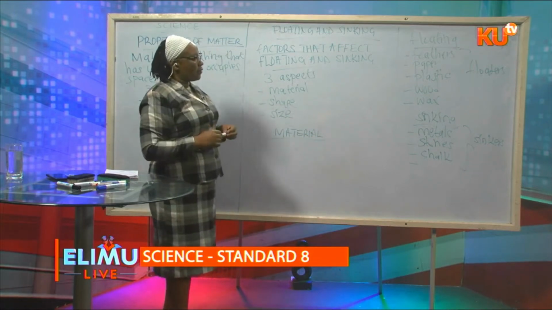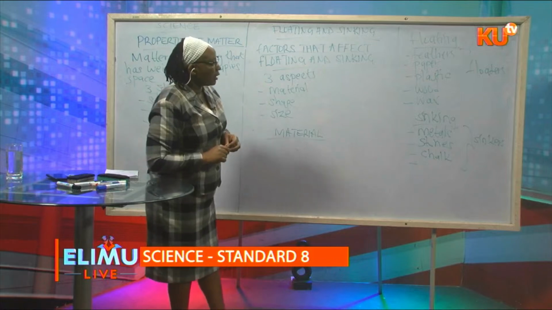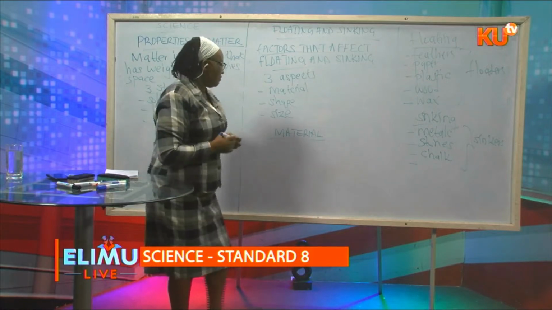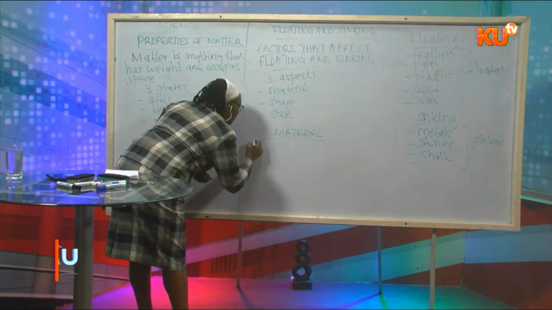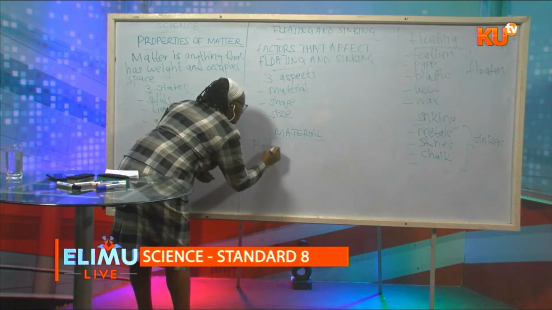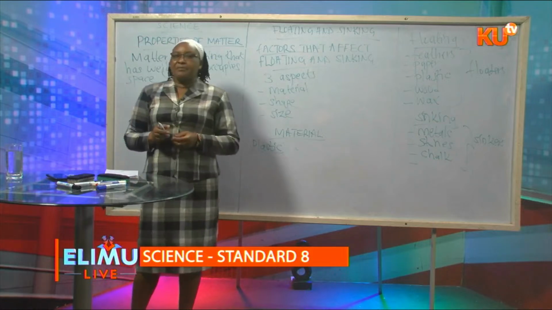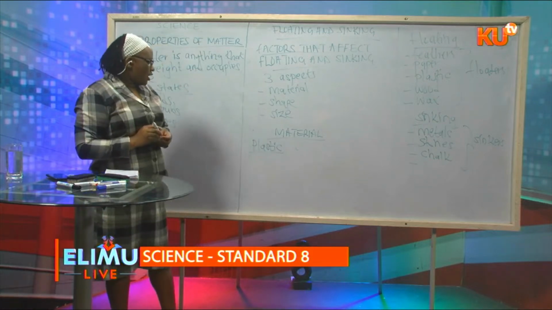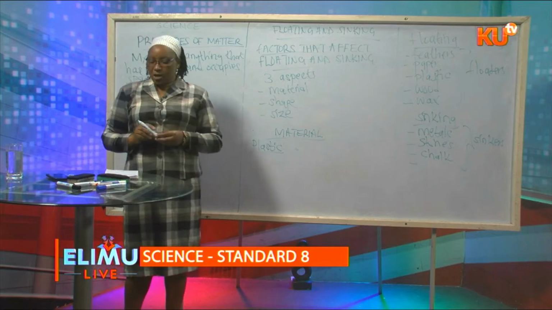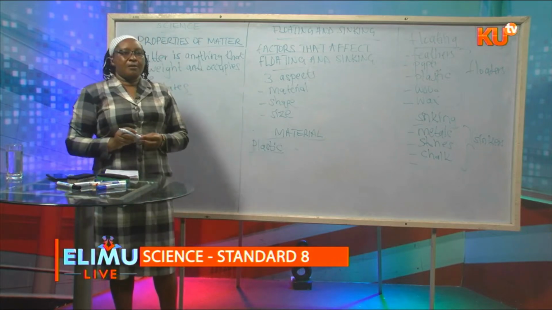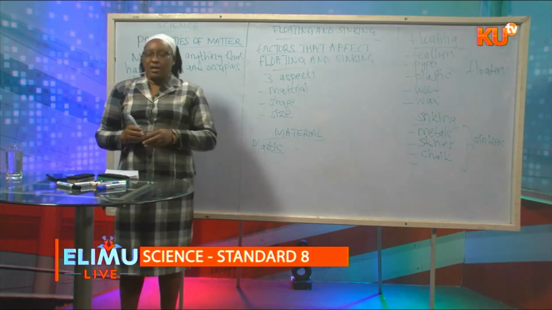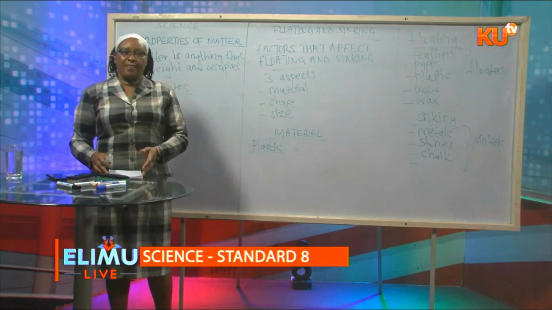Let's take an example of maybe plastic. You can take items made of plastic. You compare small items and big items, some which are heavier than others.